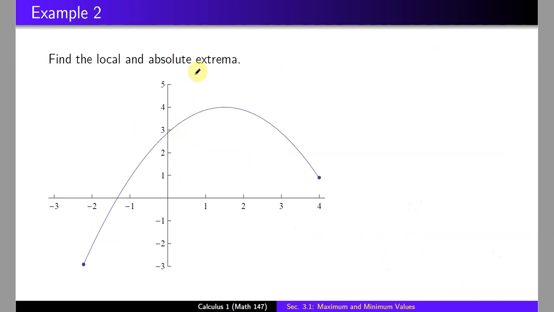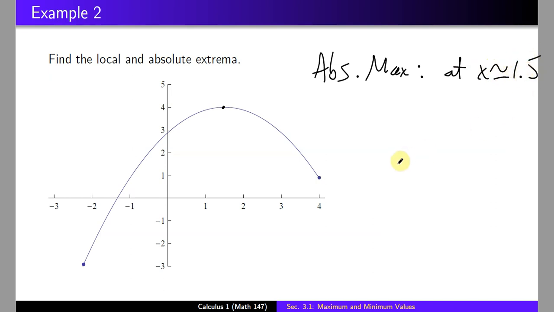All right, let's make a slight alteration to our graph. Ask the same question. Find local and absolute extrema. So absolute max. We still have an absolute max at the exact same place, at around x equals 1.5. And we would say the maximum value, again, would be y equals 4. That's how we talk about things in terms of the language here.